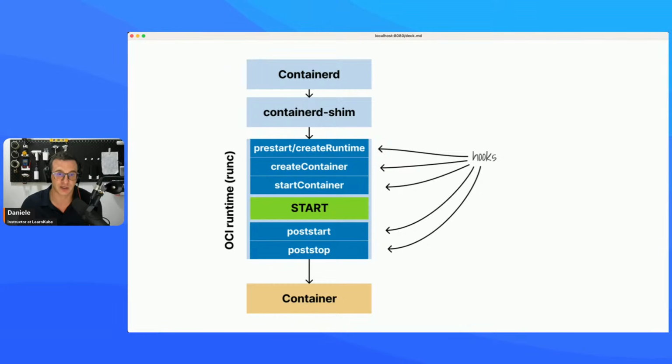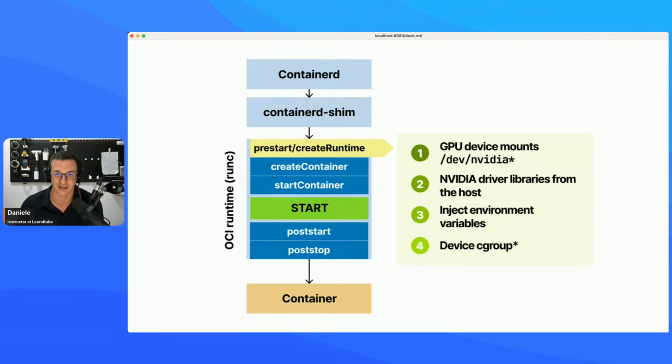So after the container is created, but before the process starts, we execute a hook, which is going to inject some environment variables and relax some of the constraints on the container itself. So it's going to mount the dev NVIDIA, inject the libraries from the host and environment variables, and make sure that the device cgroups is fine.